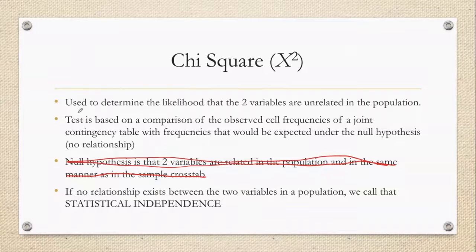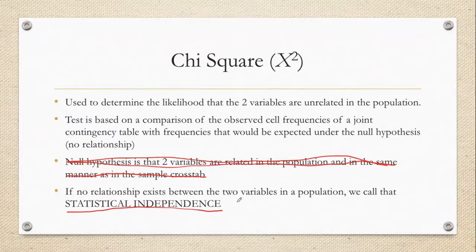All right, the chi-squared test is used to determine the likelihood that two variables are unrelated in the population. It is a test based on a comparison of observed cell frequencies of a joint contingency table with frequencies that would be expected under the null hypothesis, which is no relationship. If no relationship exists between the two variables in a population, we call that statistical independence.